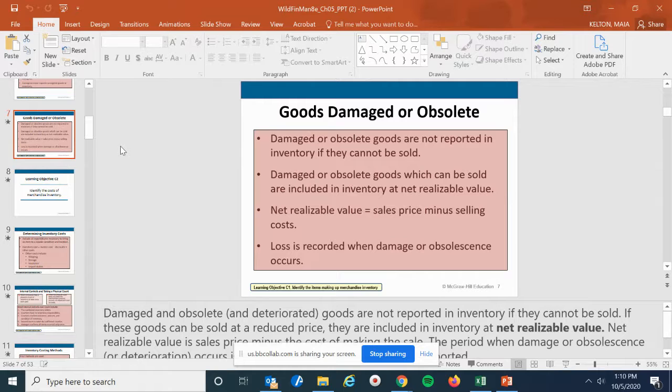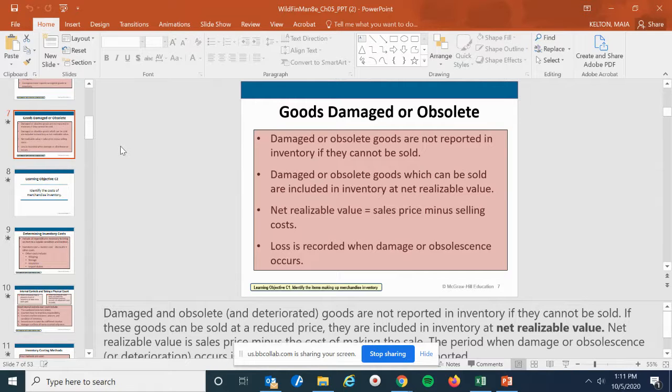If goods are damaged or obsolete to the point where they cannot be sold, they should not be reported in inventory. So the value of those goods needs to be taken out of the inventory account and written off as an expense on the income statement.